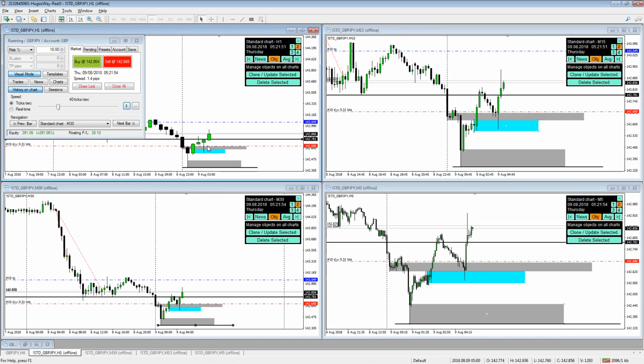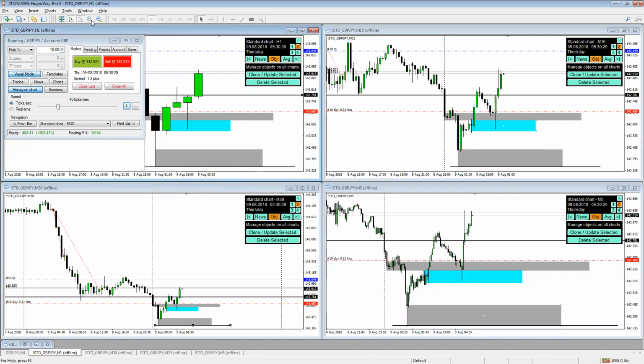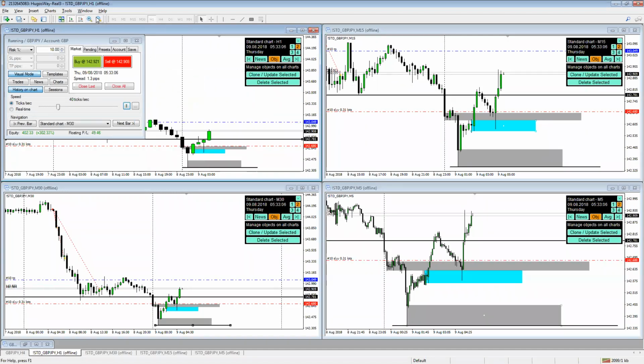Yeah, I think it might go down, fill this wick, and continue down maybe. The 1 hour wick is a small wick, so you don't consider that as a wick. It's too small.